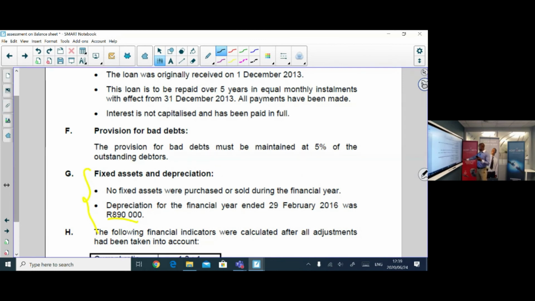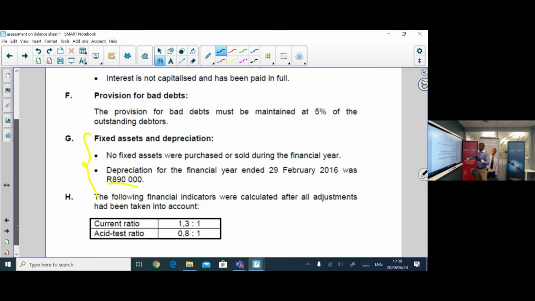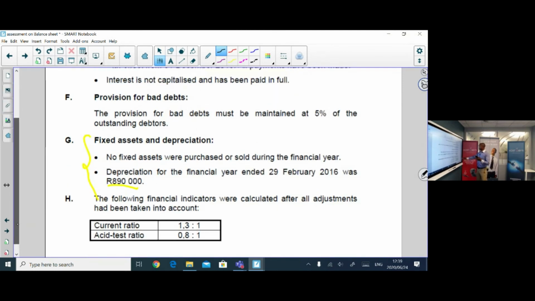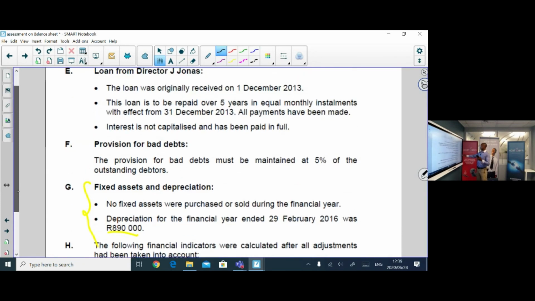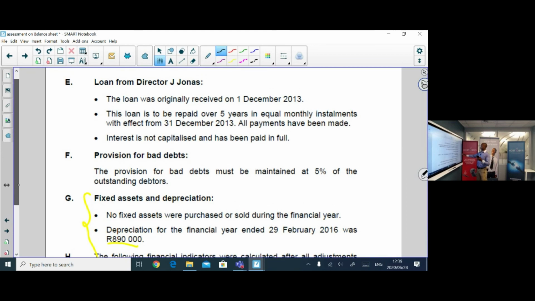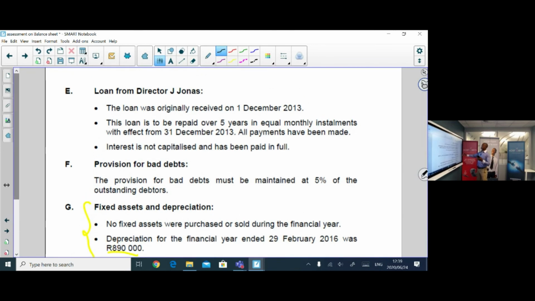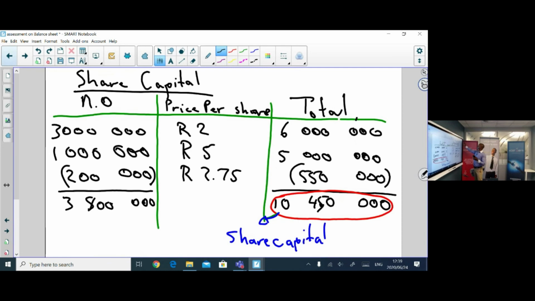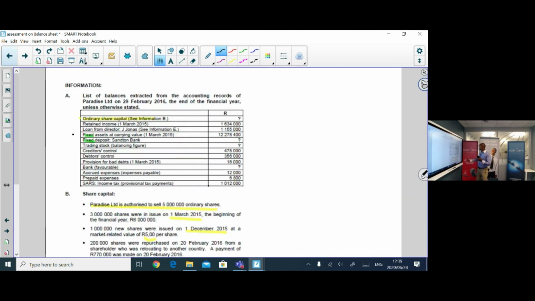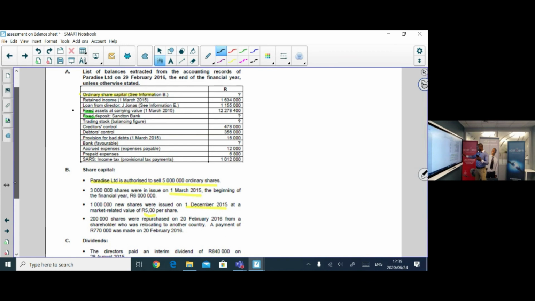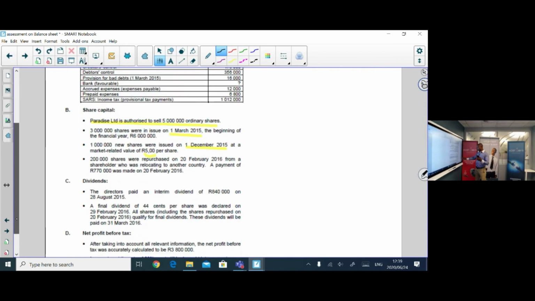We're looking for the fixed deposit. Dividends, final dividends.